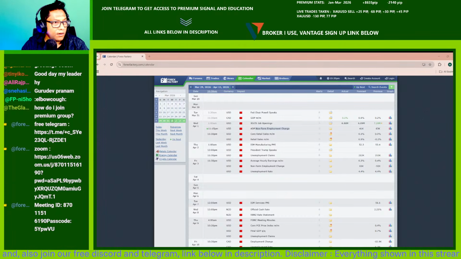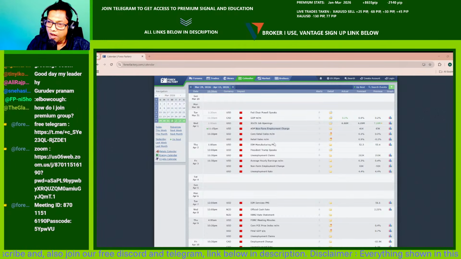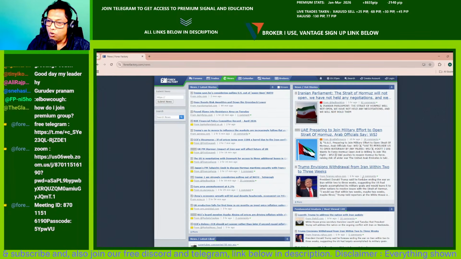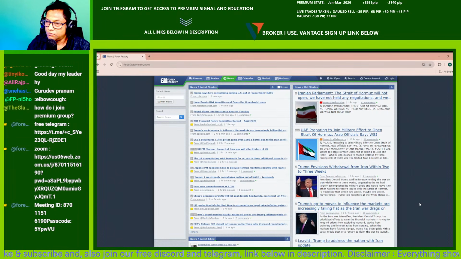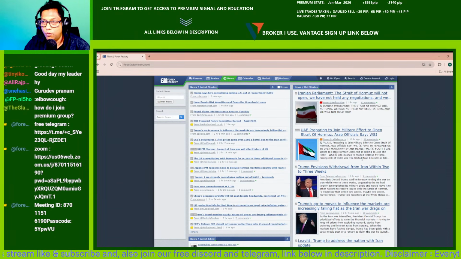Now, with this upcoming event, we are also looking at gold, which has started to move up. We see a couple of news items have come out.